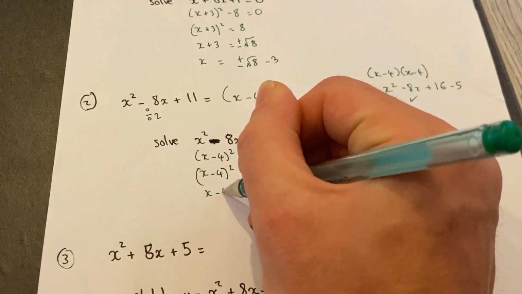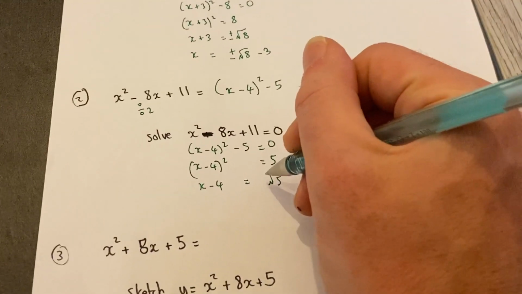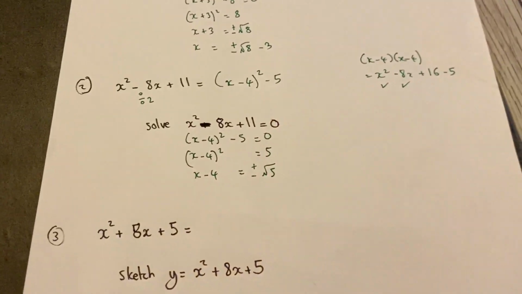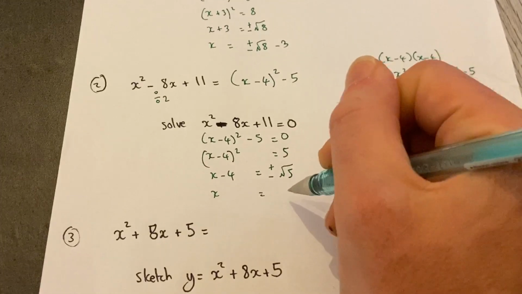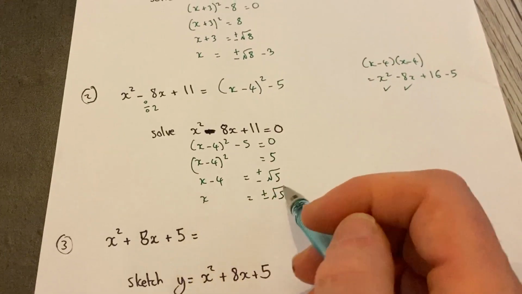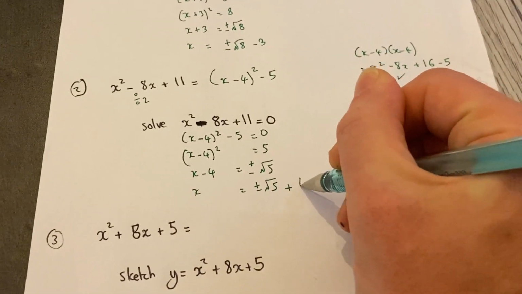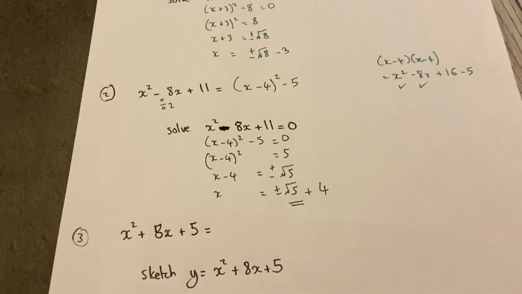So x minus 4 equals root of 5. But there are two solutions, the plus or the minus solution. So to finish off, x equals plus or minus root of 5, and then I've got to add the 4 to the other side. And they are the two solutions to the equation.